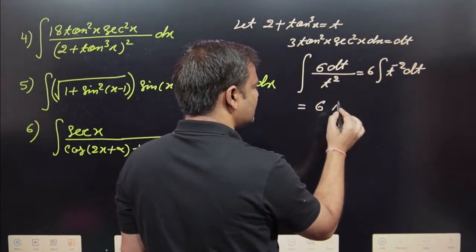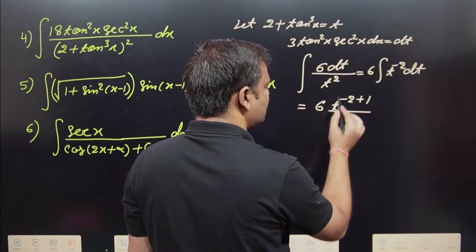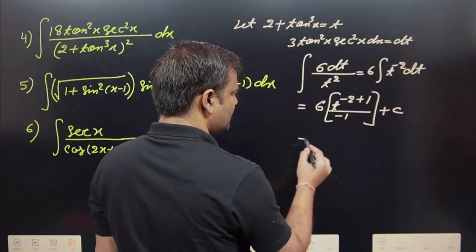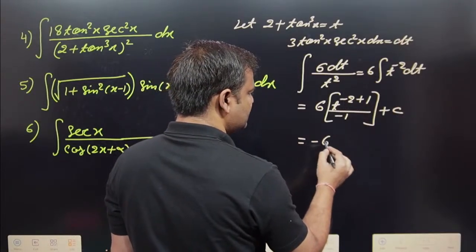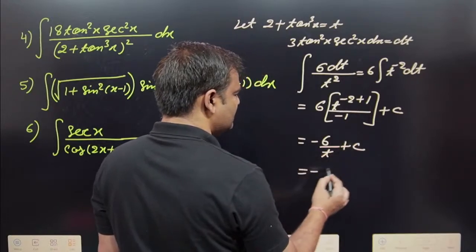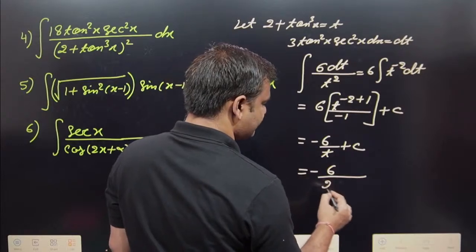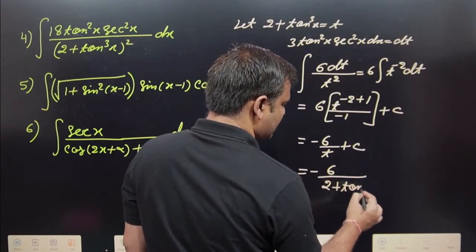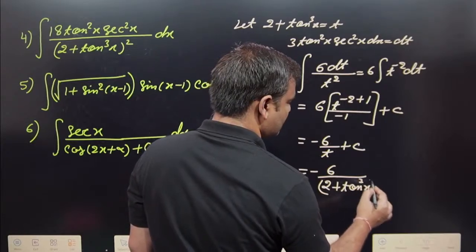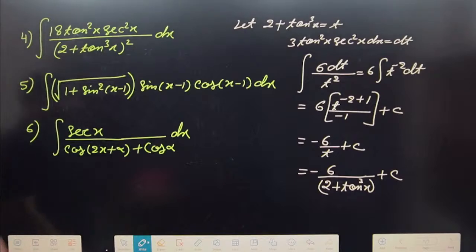So 6 into t to power minus 2 plus 1 divided by minus 1 plus c. After that minus 6 divided by t plus c. So minus 6 divided by t is minus 6 divided by 2 plus tan cube x plus c, which is the right answer.